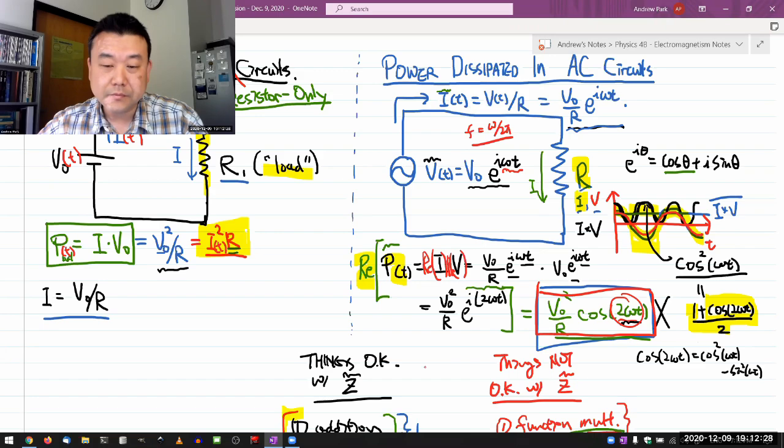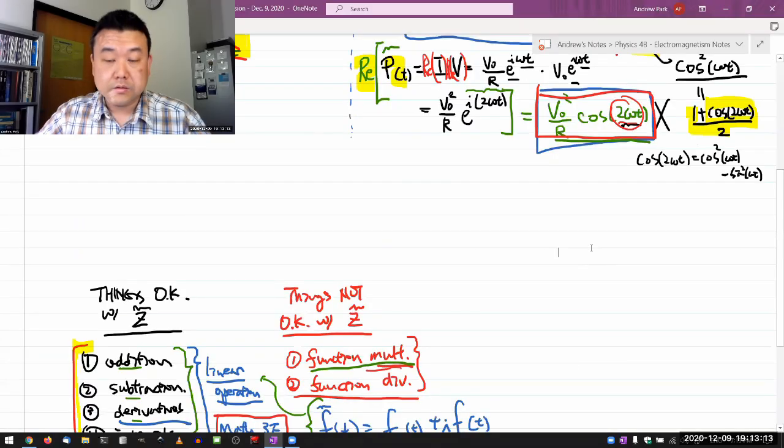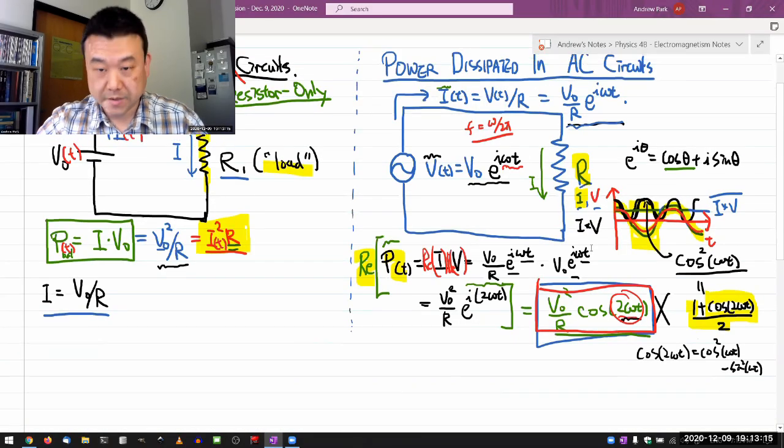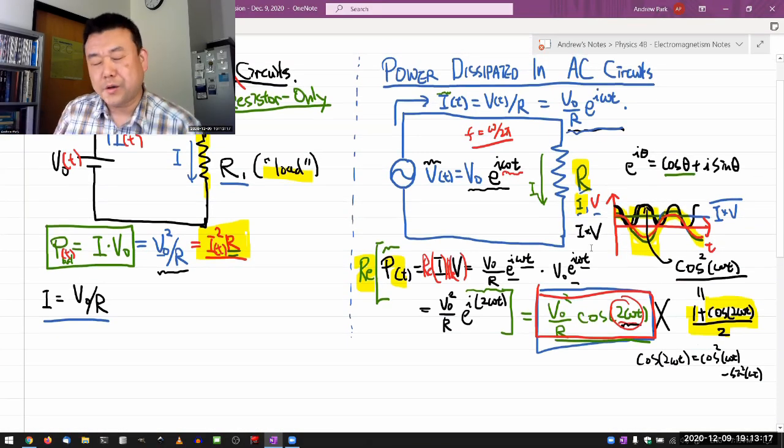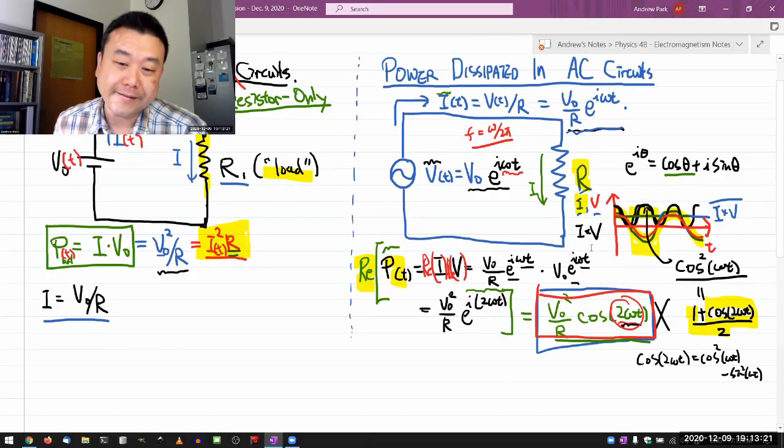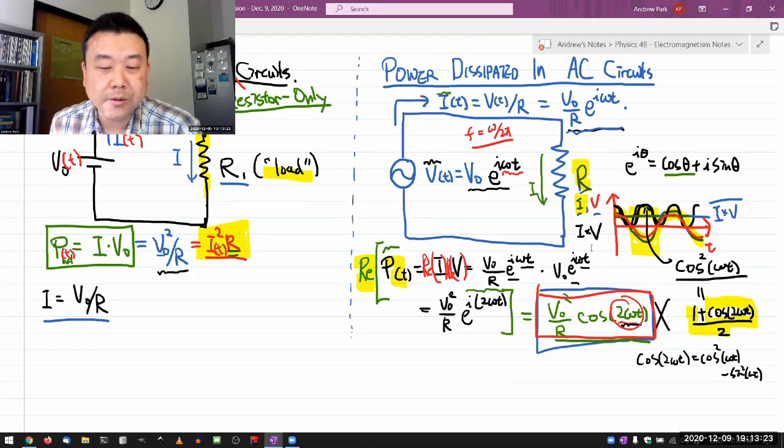So let me show you what you can still get out of here while using complex numbers. There's a very specific way in which you can do multiplication that will give you a very specific quantity. And you can do this multiplication in a very easy way.